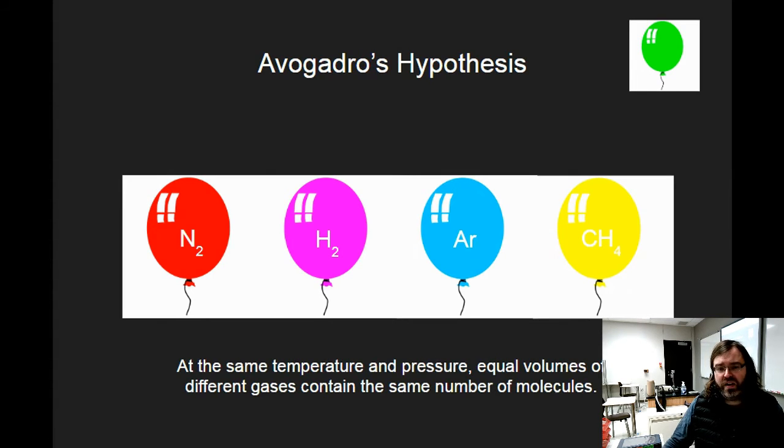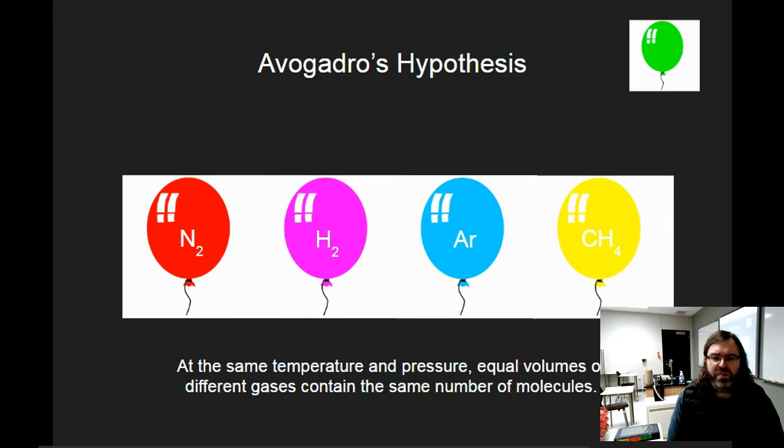But he also said that if I have different samples of gas at the same pressure and the same temperature, then they're going to have the same number of particles. So Avogadro's hypothesis, that if we keep the pressure and the temperature the same, equal volumes have the same number of particles, allows us to compare the number of particles. It allows us to make comparisons from one gas to another.